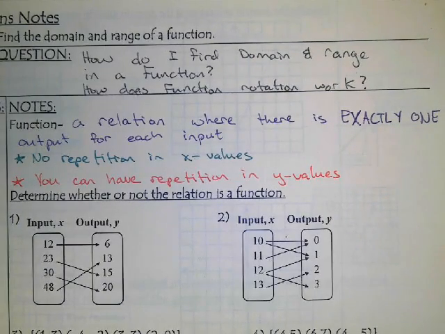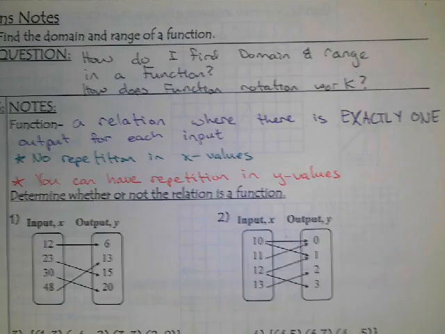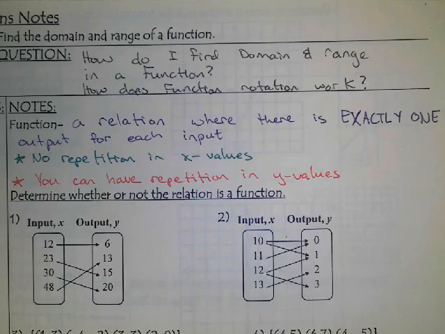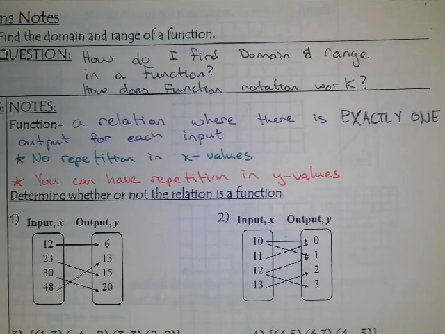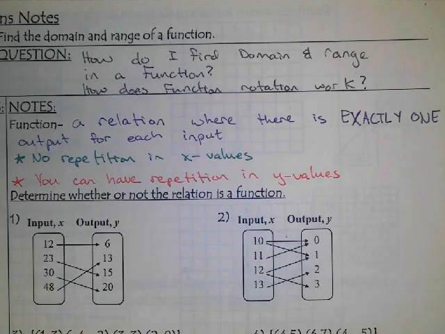So say we're listing points, you cannot have repetition in x values. If the x happens twice, or if there's two arrows coming off a singular x, or if in a graph you see a point that shares the same x value, then you know that it's not a function. But if you have a graph or a map or a list of points where there's a repetition in the y values, that's a function as long as there's no repetition in the x values.